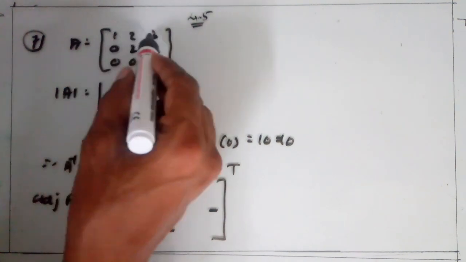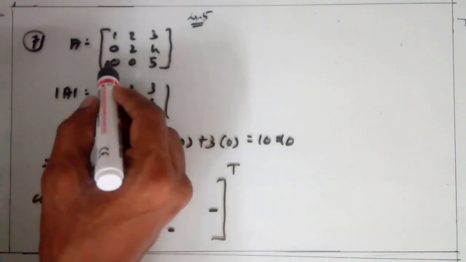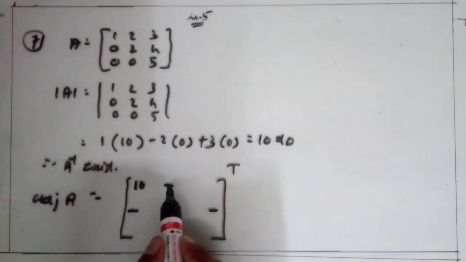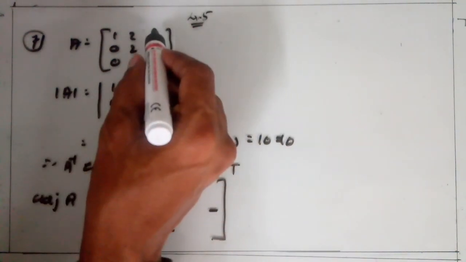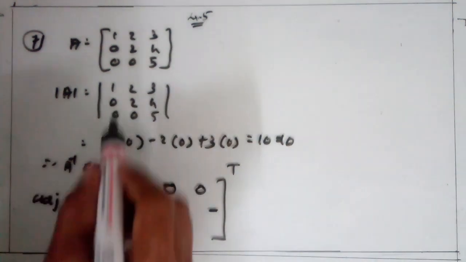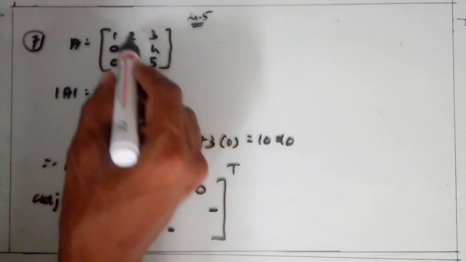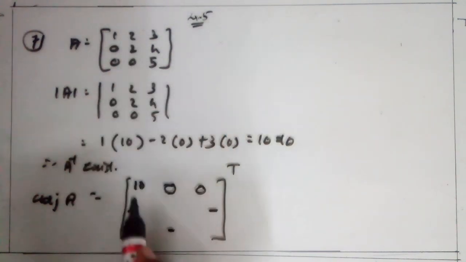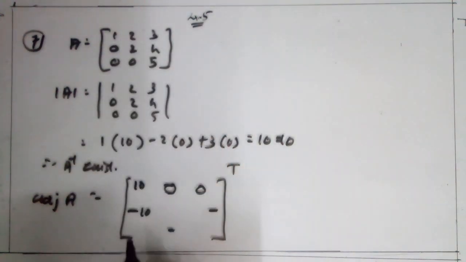So the minor of 2, remove this row and column, 0 here, 0, so 0 into a number, that is 0. Similarly, the minor of 3 is 0, 0, so this becomes 0. Here for 0, the minor is product of these two, 10, minus product of these two, 0, and apply the minus sign, so this becomes the cofactor of 0.